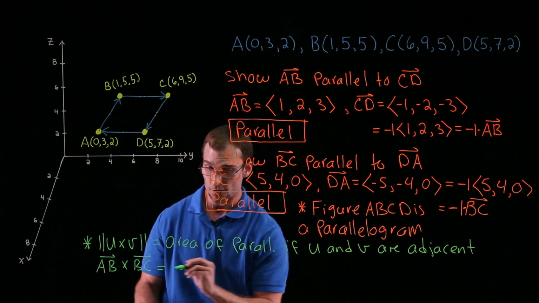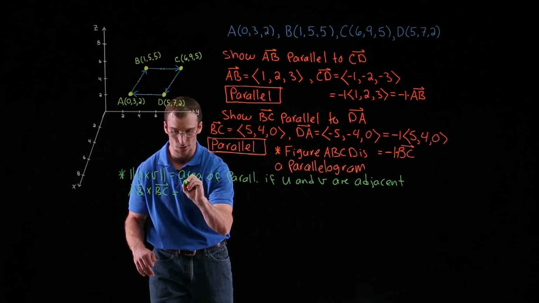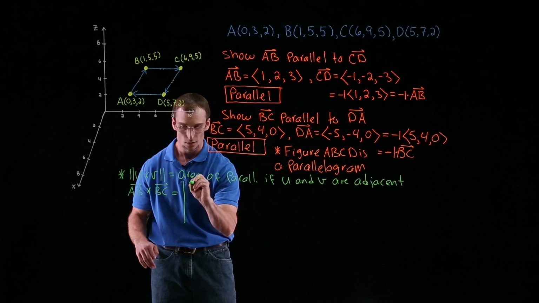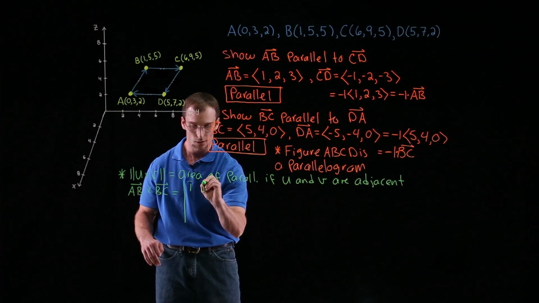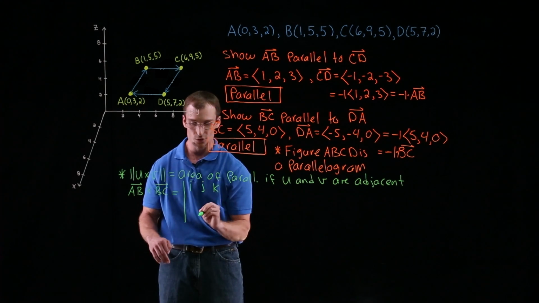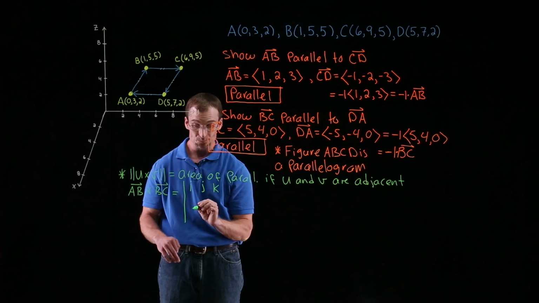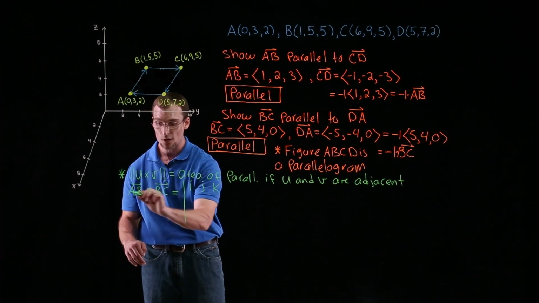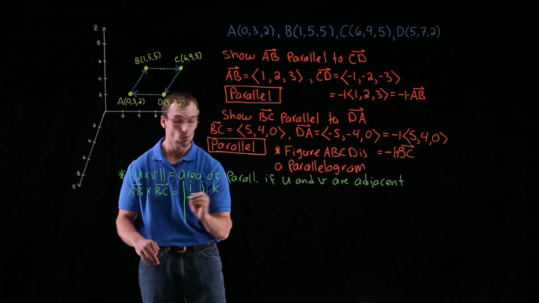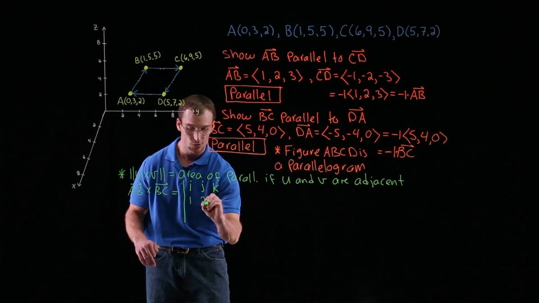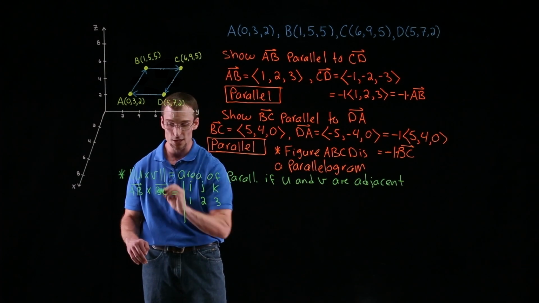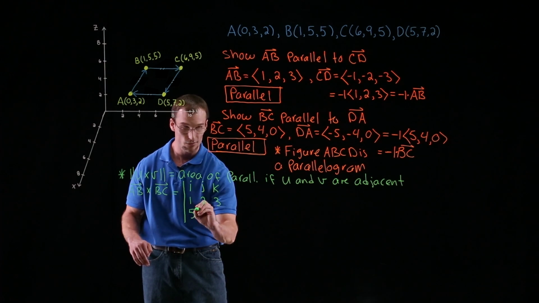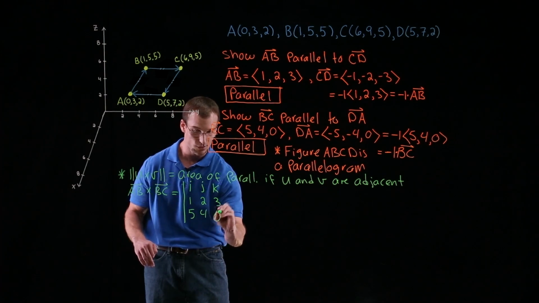Okay? So finding the cross product between two vectors, we'll do this in our determinant form. So we take our determinant of our little 3 by 3 matrix, where the top row is our unit vectors i, j, and k, and then the next row is going to be the components of our vector A to B, which we have as positive 1, 2, and 3, and then the last row is our components of our vector from B to C, which we have as 5, 4, and 0.